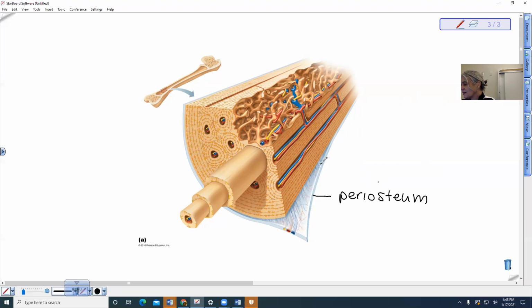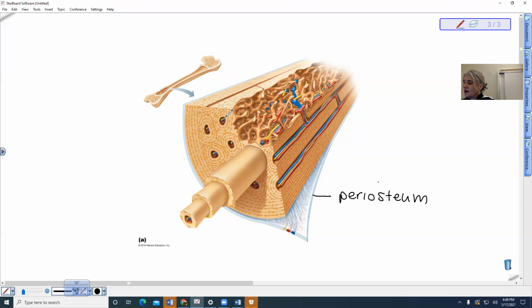So it is vascular. So we also have, notice, we have nerves and blood vessels inside the compact bone. So the compact bone is not dead. It is alive and it is receiving nutrients from the environment. And then in the spongy bone, we also have blood vessels and nerves innervating that particular tissue.